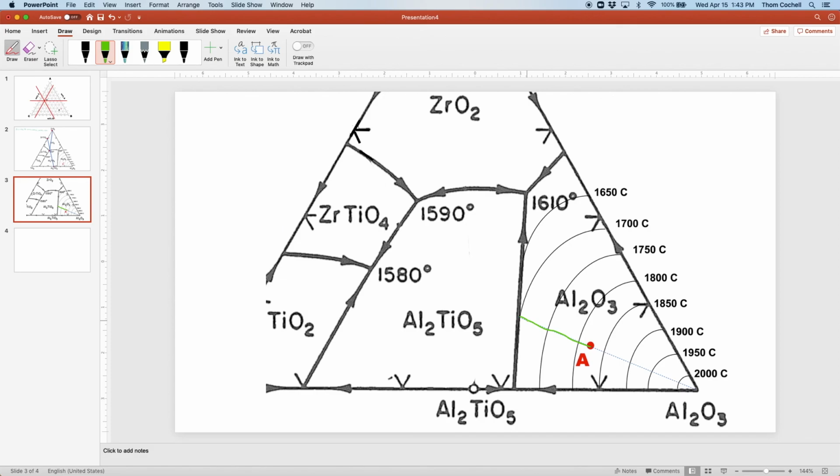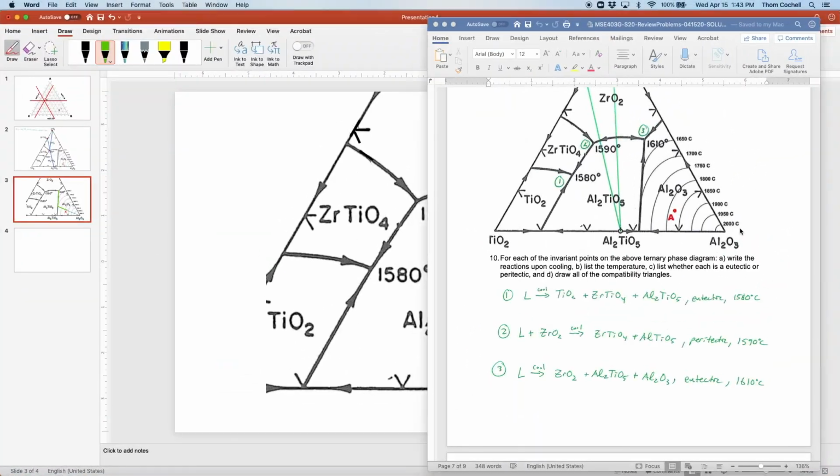And so at that point, or sorry, it's going to follow the boundary curve. So it's going to change direction, and the liquid is going to follow the boundary curve until we get to the next significant point, which is down here at the eutectic point. Because if we look at the arrows, and we're looking at the same phase diagram, this is a eutectic point. And so at that point, at 1610, it goes through the eutectic reaction. And so now let me switch over and go to the solutions for you.